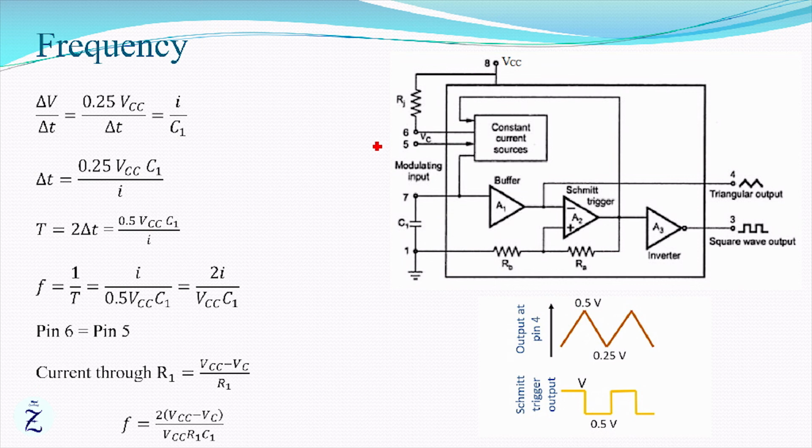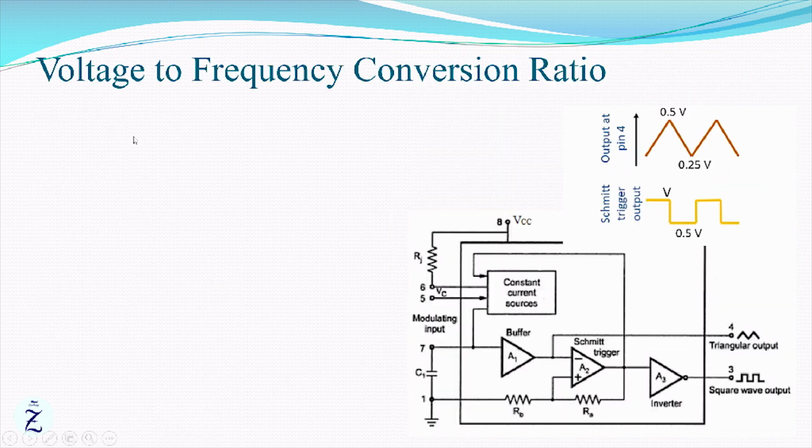Hence the frequency becomes f is equal to 2 into VCC minus VC divided by VCC into R1 into C1. Now we can see how the frequency can be controlled by the modulating voltage or control voltage VC. Another important parameter which characterizes the performance of IC 566 is the voltage to frequency conversion factor.